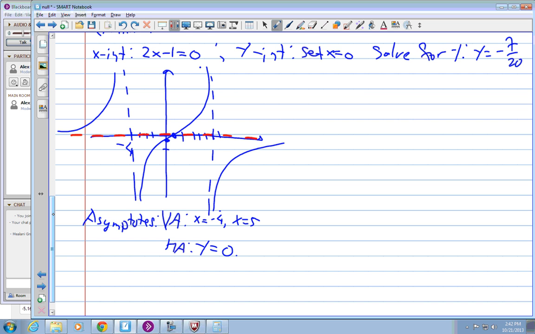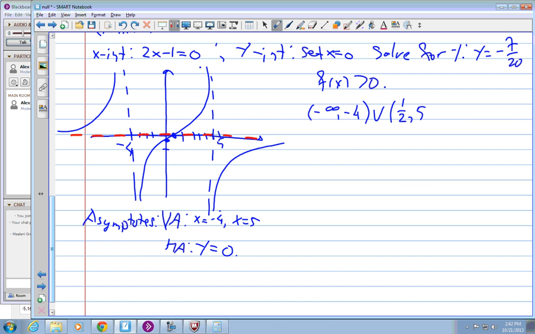So now let's try to answer this question. The question was, is our function greater than 0? So it looks like from negative infinity to negative 4, right? Union from the x-intercept, which is 1/2, but not including 1/2 because that's strict inequality, all the way to the asymptote, which was 5.